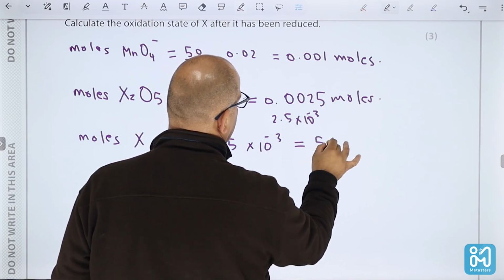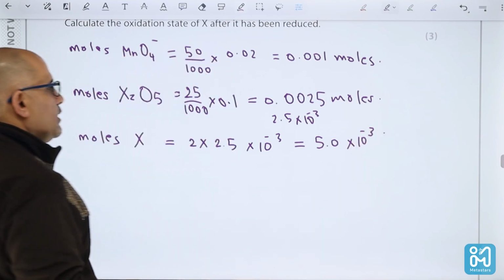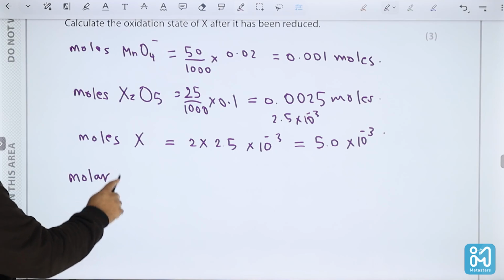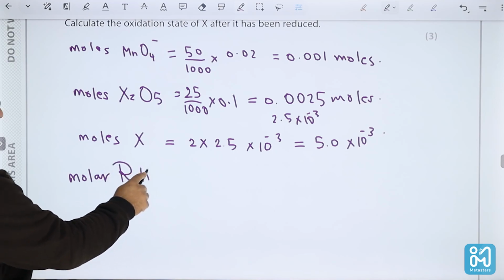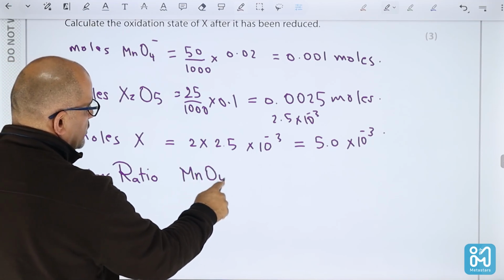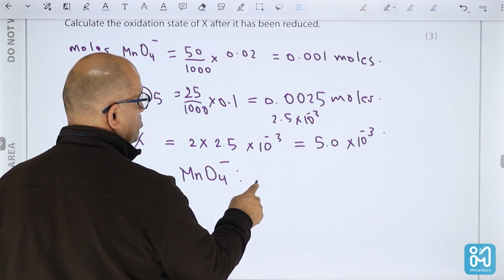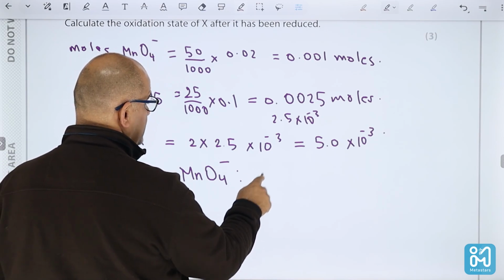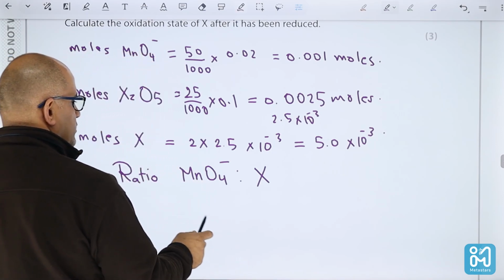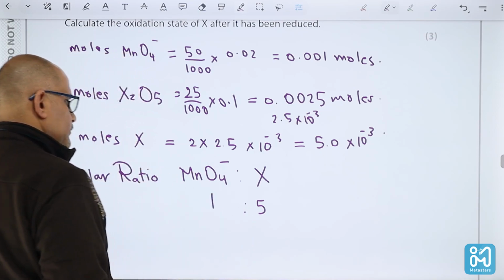This equals 5 times 10 to the power negative 3. Now you can find the molar ratio between MnO4 negative 1 to X. You will find that the ratio is 5 to 1.